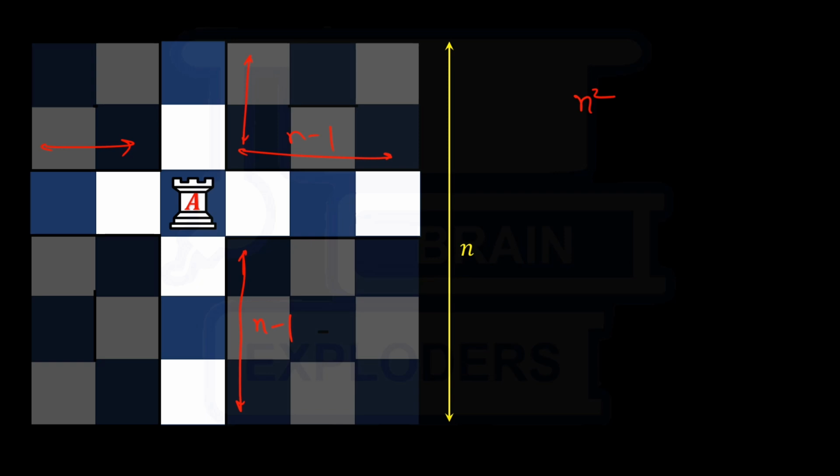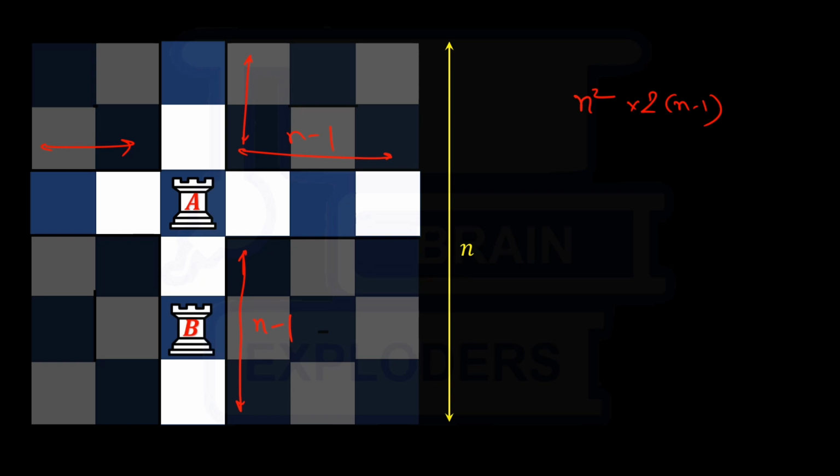Now if we have to place another rook B on a block which rook A is attacking, how many possibilities do we have? We have 2 times n minus 1 blocks on which B can be placed, right?